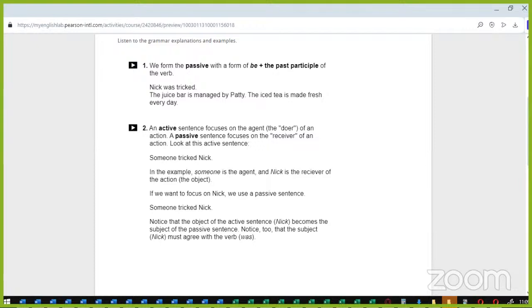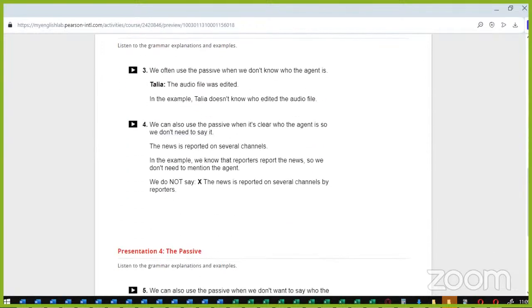If we want to focus on Nick, we use a passive sentence. Notice that the object of the active sentence becomes the subject of the passive sentence. Notice too that the subject must agree with the verb. Okay. Continue, please.